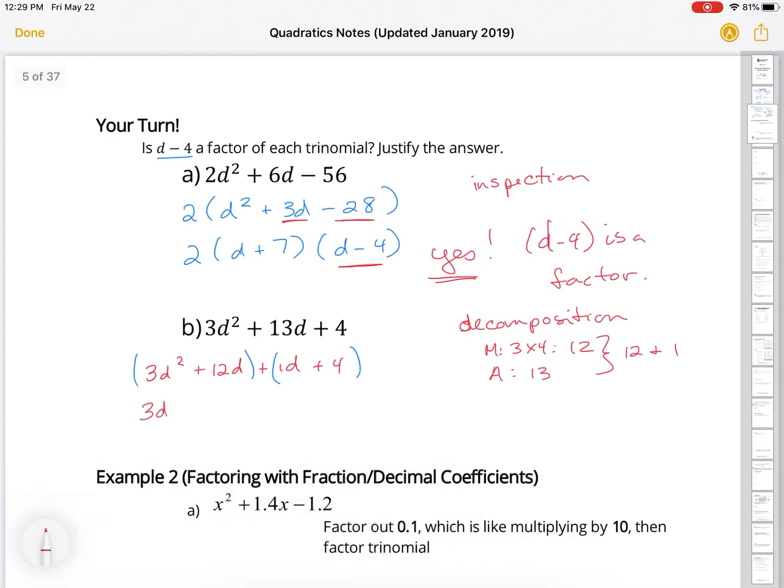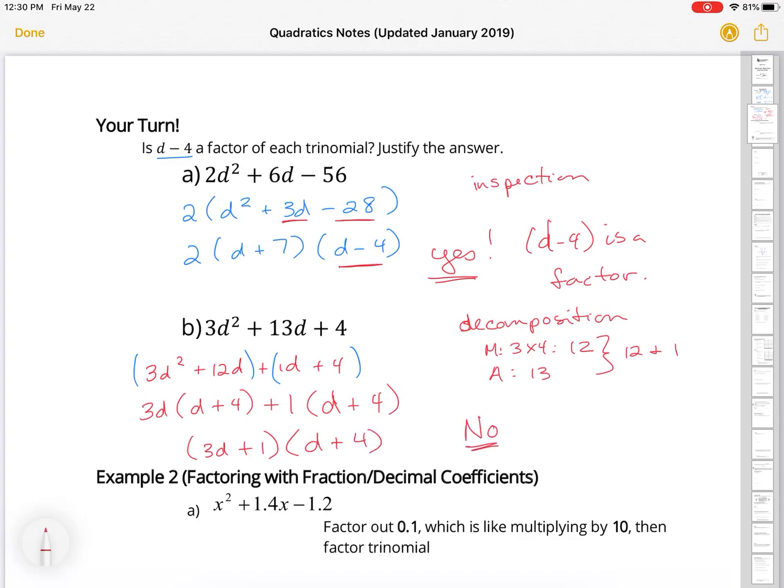So when I do that, here I can take out a 3d, and I get d plus 4. And here I can't take anything out. So the rule is if you can't take anything out, take out a 1. So I'm going to factor out a 1 from both of these and get d plus 4. So I'll get 3d plus 1 times d plus 4.